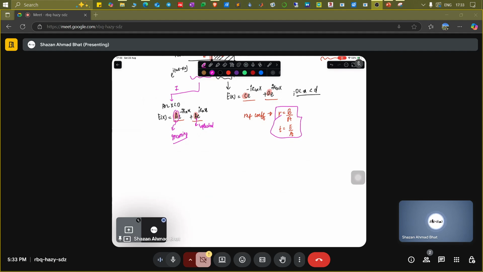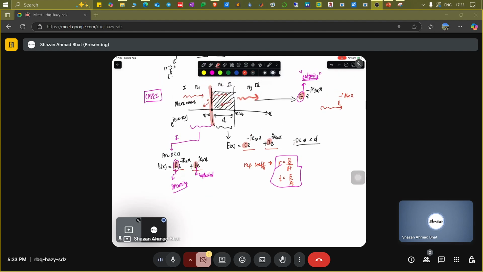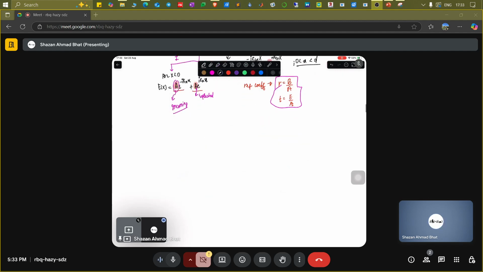So you need to take the ratio for multiple layers. Similarly, for example, think about this layer. You need to take the ratio of the amplitudes of these coefficients. What happens basically is that if you have multiple layers, you have to do this task every time at each of the interfaces.